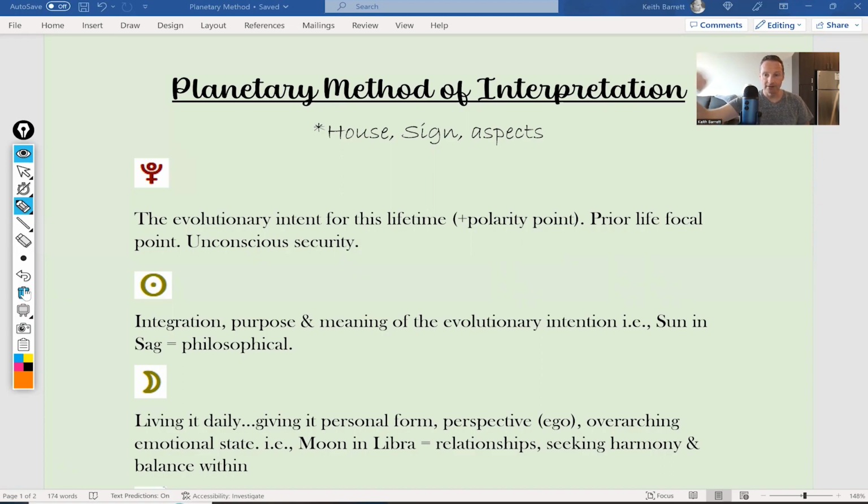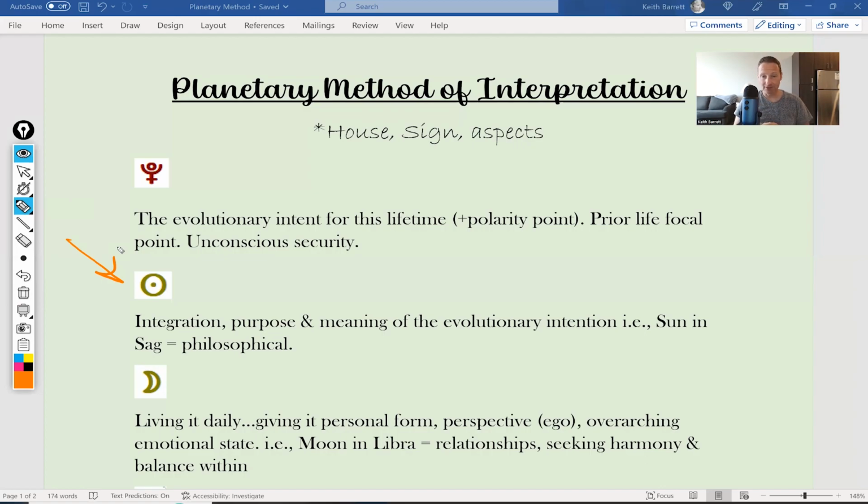And then we go to the planets, and once we get a good understanding of what Pluto is showing us in the chart, the polarity house, and that entire band of energy, we look at the sun and it's like, how am I giving that purpose and meaning? What do all of these experiences mean to me? I use the example here of a sun in Sagittarius.